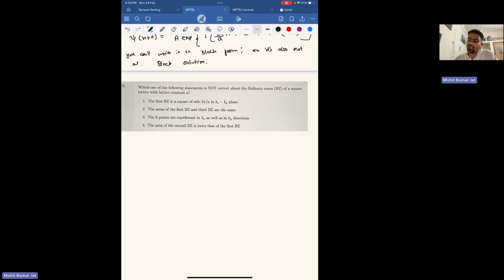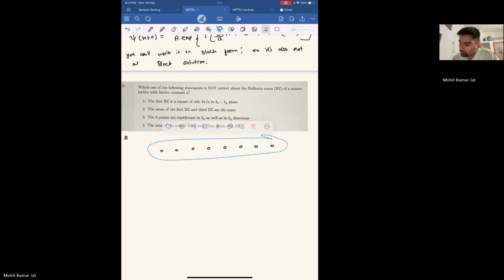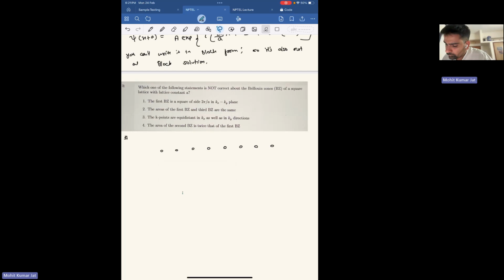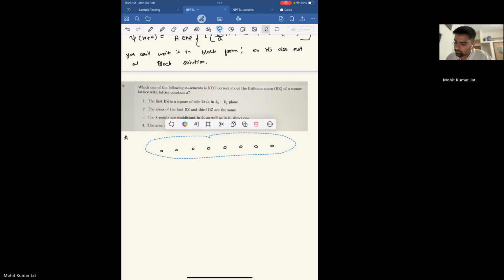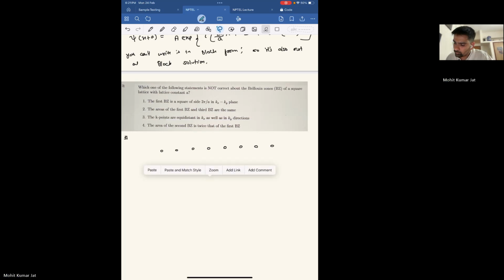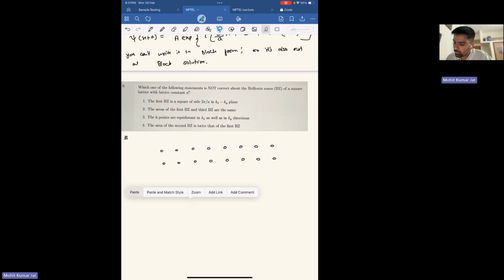So the question says that it is a square lattice, so I'm just drawing a square lattice.